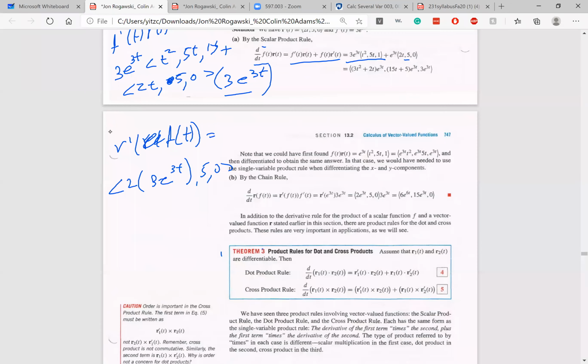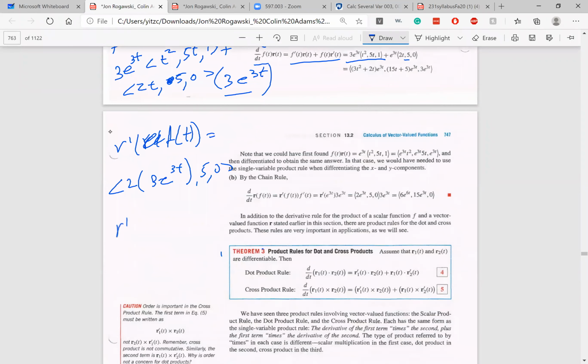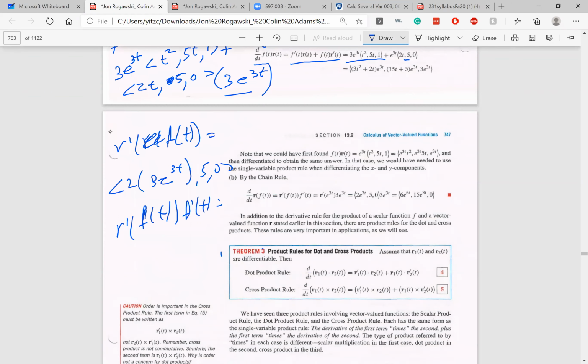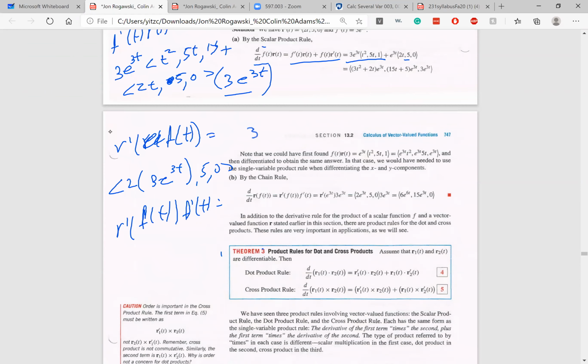And then r prime of f of t times f prime of t. So f prime of t we said was 3e to the 3t. So this is going to end up being 2, e to the 3t, 5, 0 times 3e to the 3t.